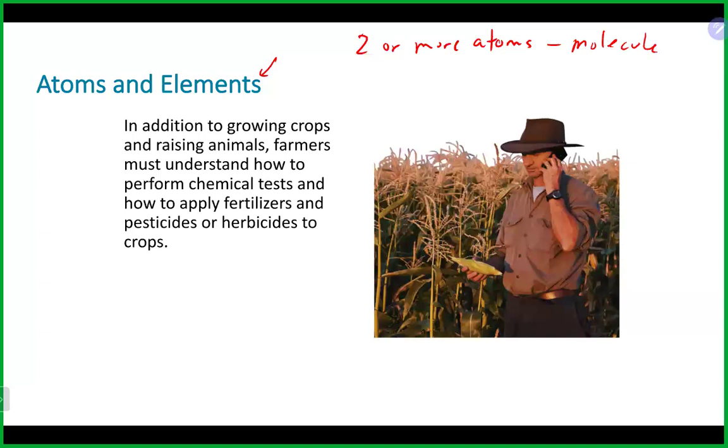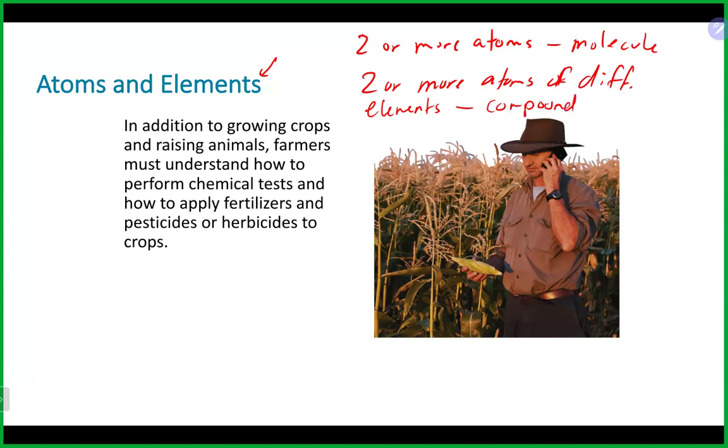Now, when we have 2 or more atoms of different elements, that is a compound. So there is a difference between a molecule and a compound.